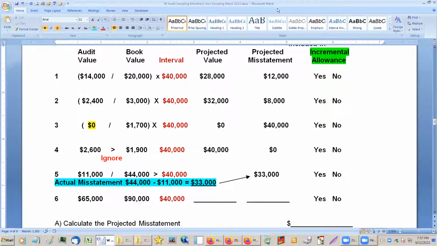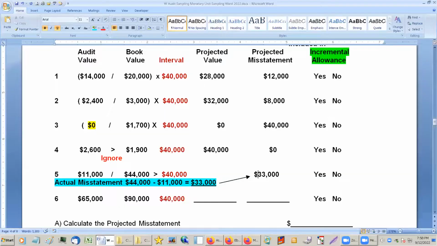You use the actual. And again, it's because if we were to do the ratio, it would show a misstatement of 30,000, whereas we know actually this thing is misstated by 33,000. And it has to do with the book value being higher than the interval, higher than its chunk of the total.